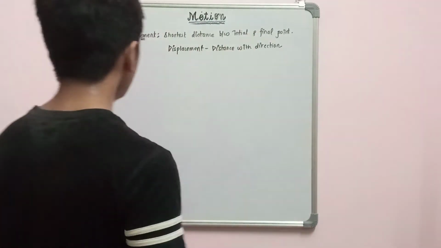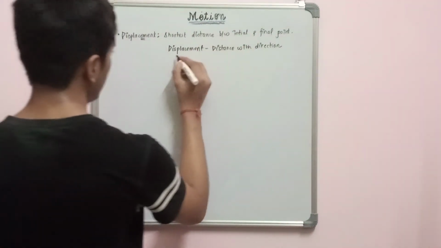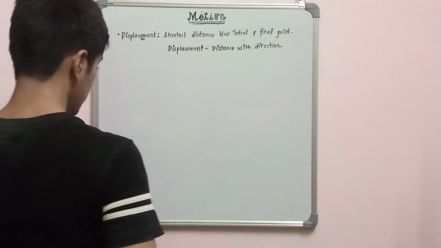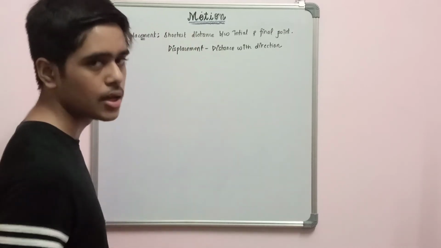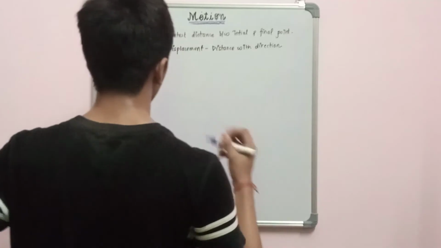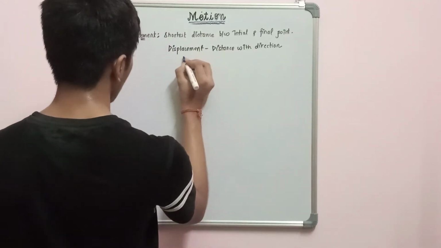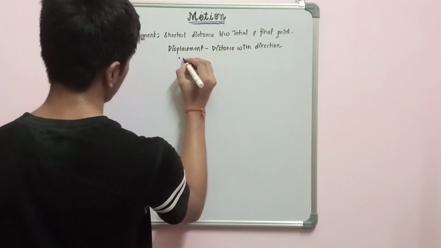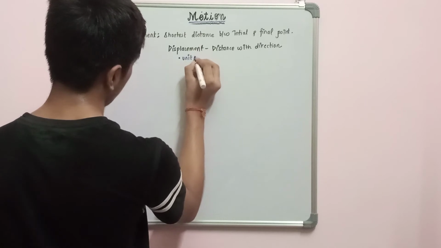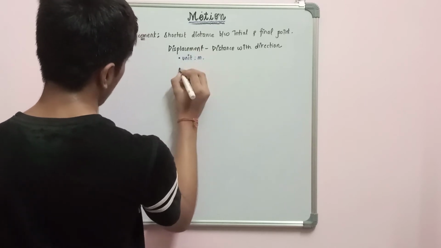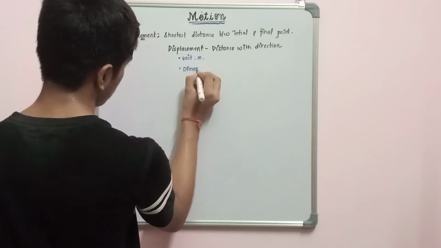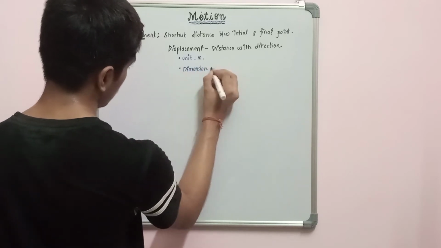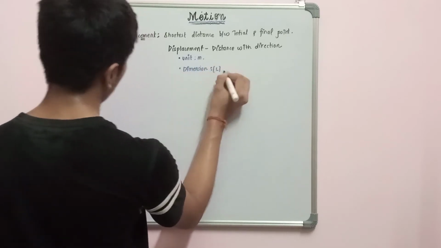Next, what is the unit of displacement? Its unit is the same as distance because it is also a distance, a particular type of distance. Its unit is meter, and dimension is also the same, length.